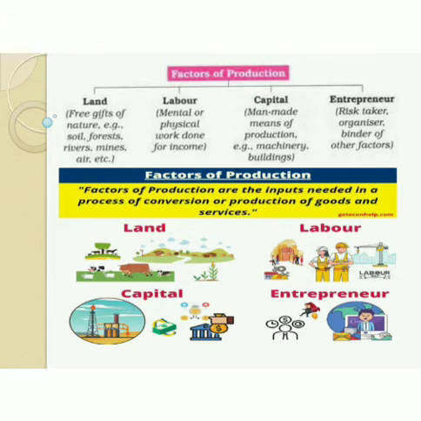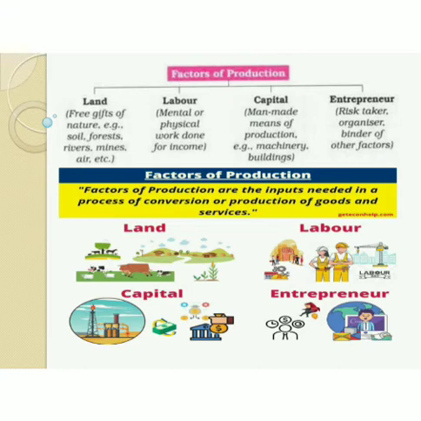So he says that the first factor is all the free gift of nature, or everything that is taken over from nature under free cost, with no cost at all. That is one aspect that is used in production, and the name for that factor of production is called land.